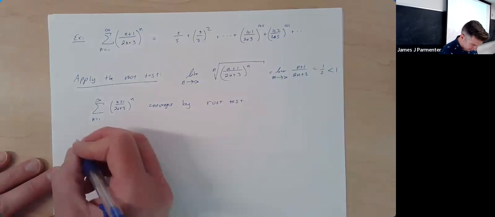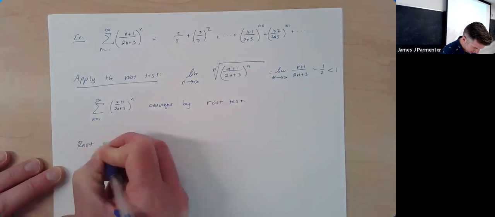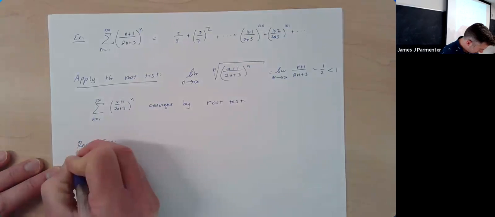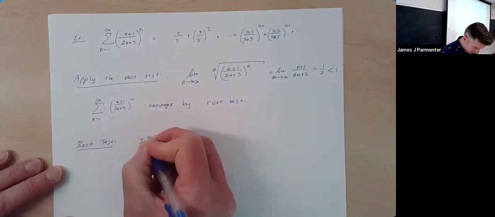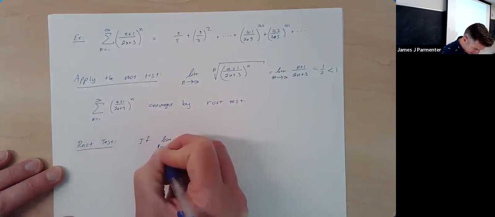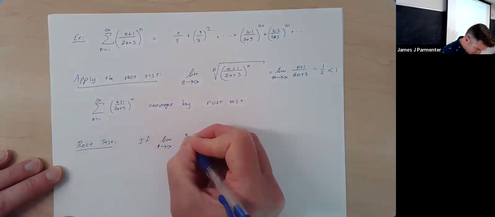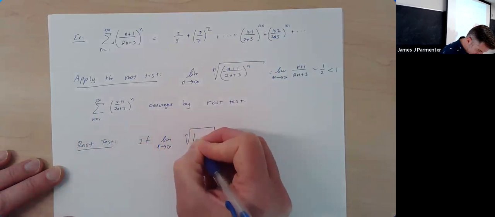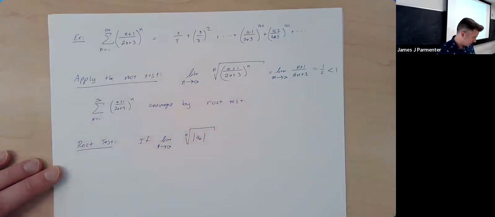Here is the root test. It's pretty much the same as the ratio test in that we're going to take the limit as n goes to infinity of the nth root of the absolute value of your sequence A sub n.